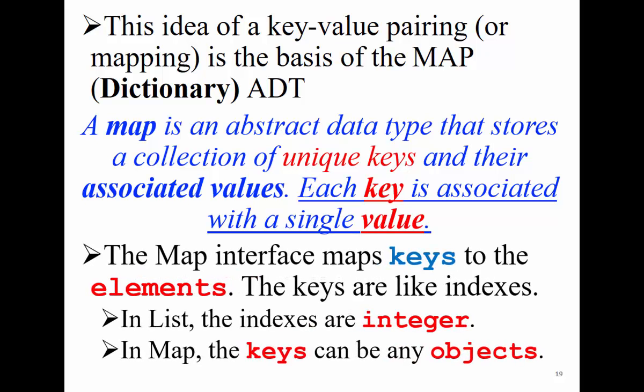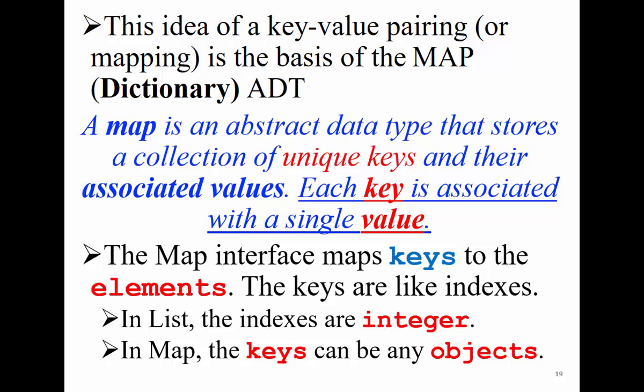Now, in the map, the keys are the elements, and they are used as an index. If you look at the array, if you define an array of integers, you use 0, 1, 2, 3 to retrieve the element at index 0 or 1 or 2. Now, if you are using the map, the key is actually your index.